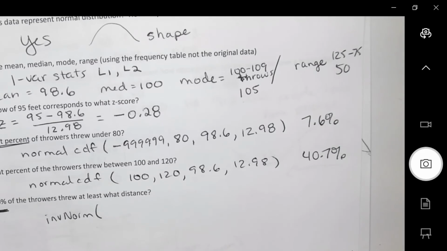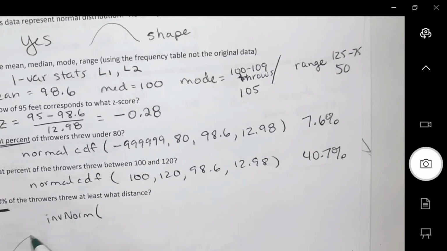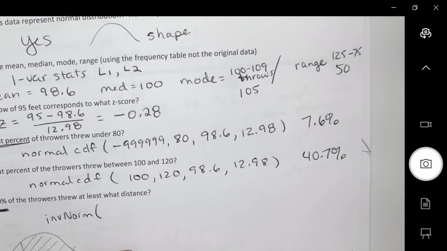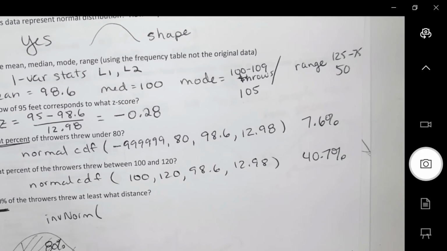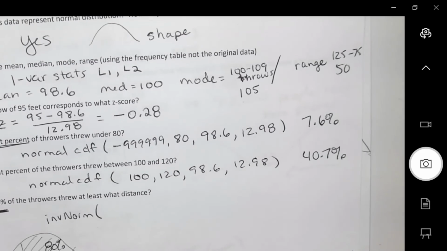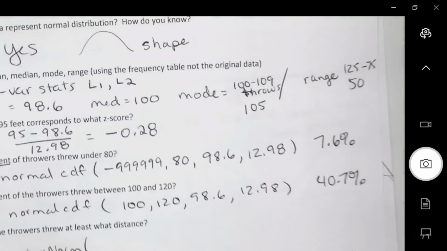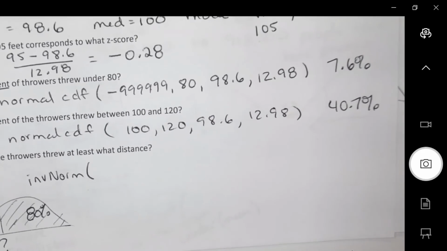Okay, now let's talk about this. If 80% of the throwers threw at least this distance, this is the scenario. If you're at least, it means that you're above that score.